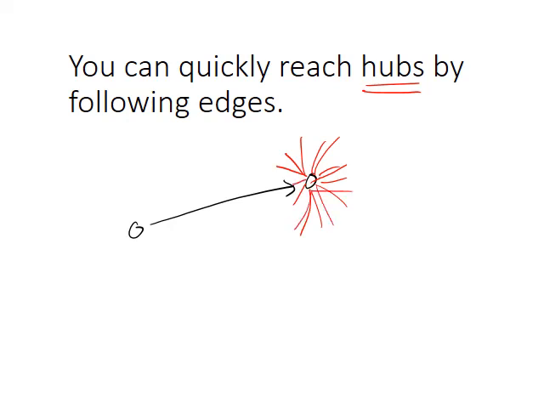Because they have so many friends, you are very likely to be one of their friends. So whenever you follow a link or edge, you are very likely to arrive at a node with many neighbors. In other words, if you just randomly select one of your friends, this person is more likely to be a celebrity than just picking a random person from the whole network.